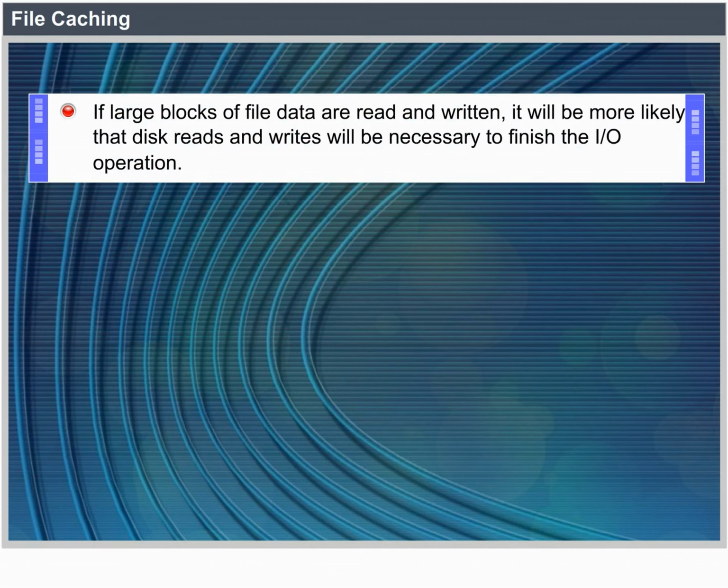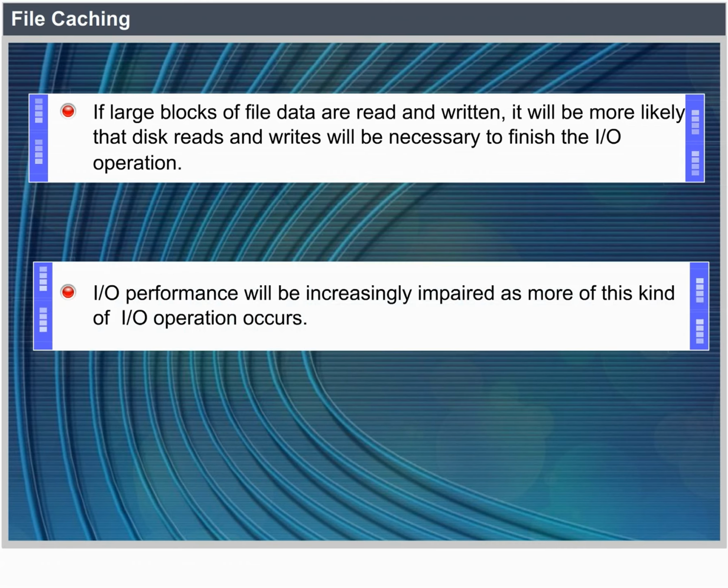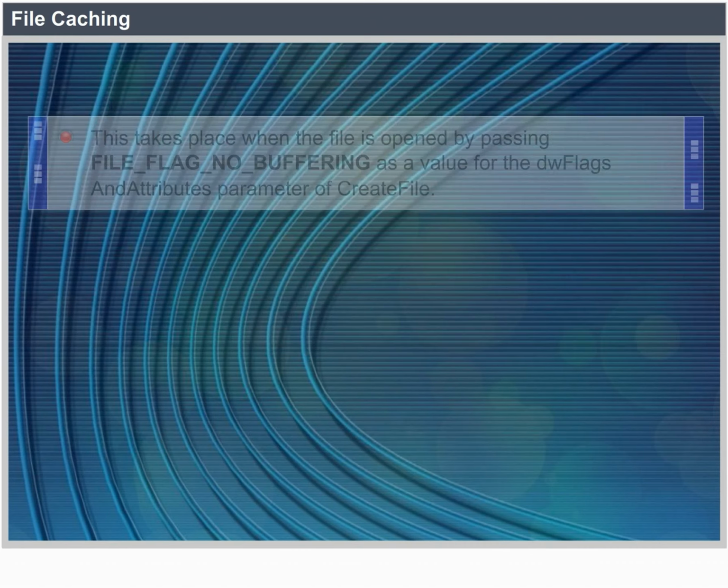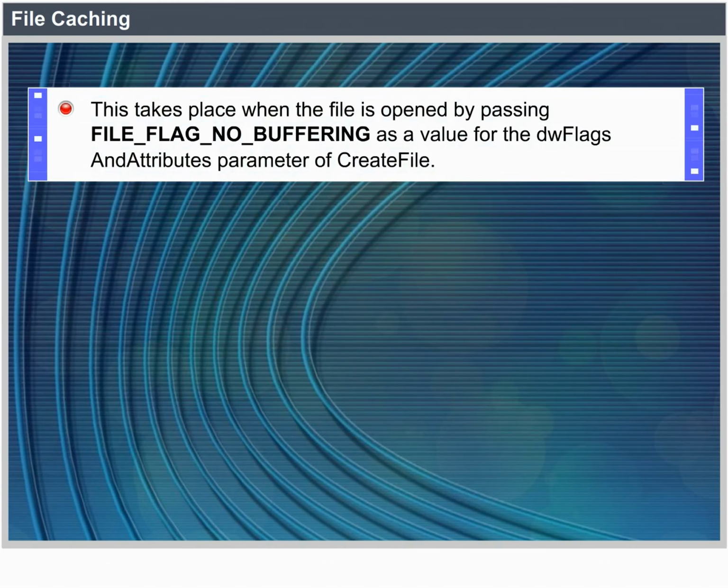Input-output performance will be increasingly impaired as more of this kind of input-output operation occurs. In these situations, caching can be turned off. This is done at the time the file is opened by passing FILE_FLAG_NO_BUFFERING as a value for the dwFlagsAndAttributes parameter of CreateFile.